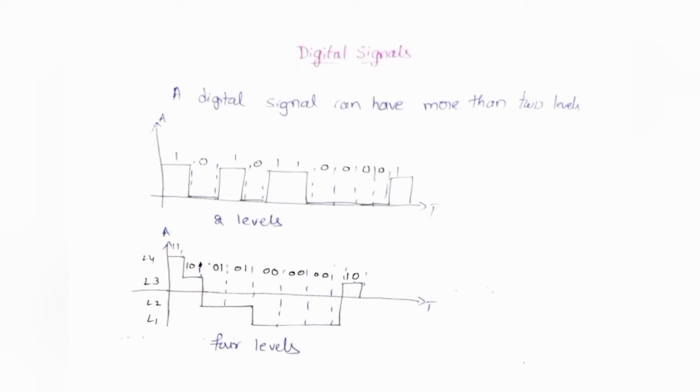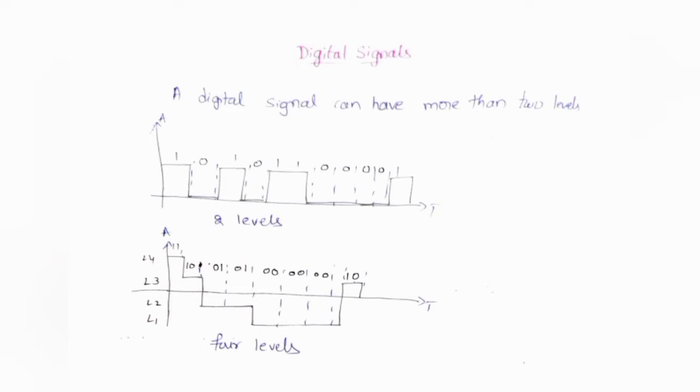Here we are transmitting the data at 8 bits per second, so the bit rate is 8 bits per second. 1 represents the positive voltage and 0 represents the zero voltage. So the data is transmitted through the transmission medium with the 2 levels.